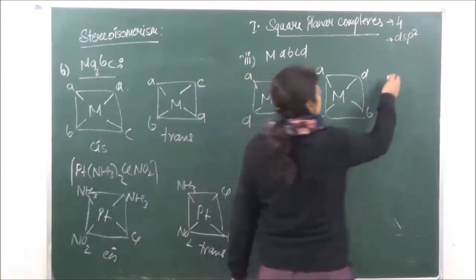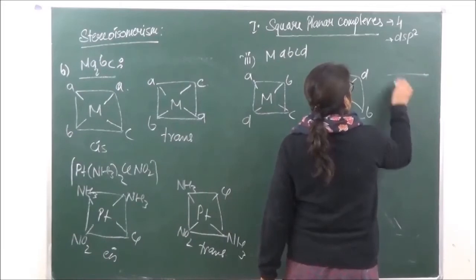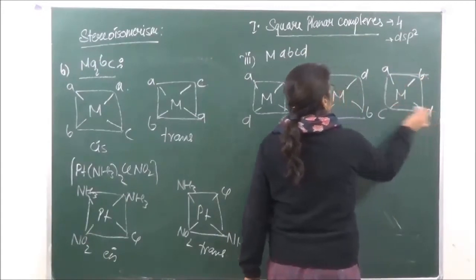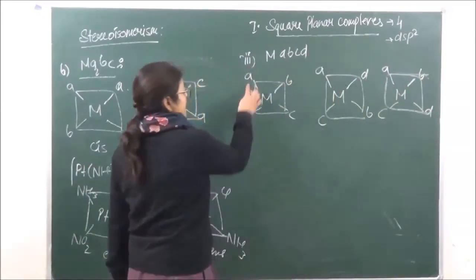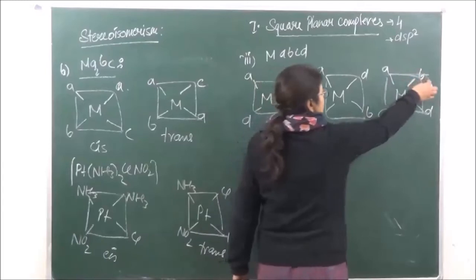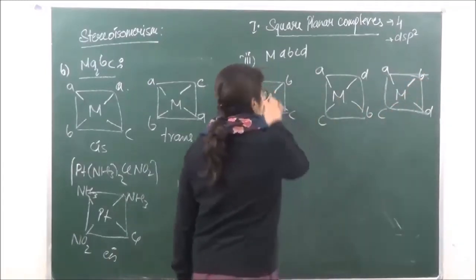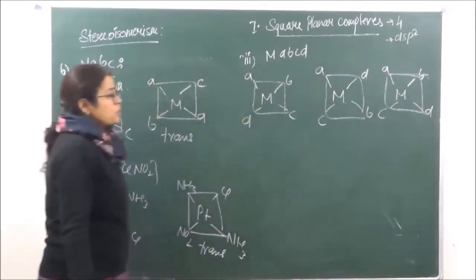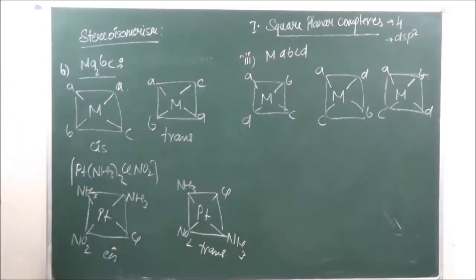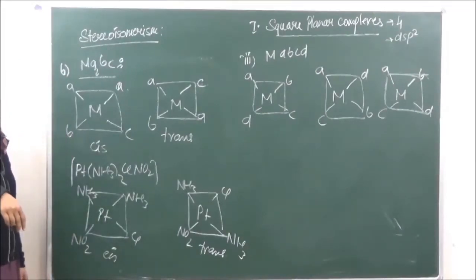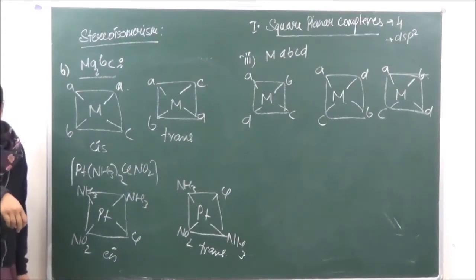So you can see that the position that is changing with respect to A. Over here, adjacent is A, adjacent is D. Over here, adjacent is D and adjacent is C. Over here, adjacent is B and adjacent is C. And opposite to A over here is C, opposite to A over here is B, and opposite to A over here is D. So the position of the ligands is going to change, although we cannot really figure out what is going to be the cis and the trans over here, but still it can show us 3 different isomers, geometrical isomers with this kind of a formula.